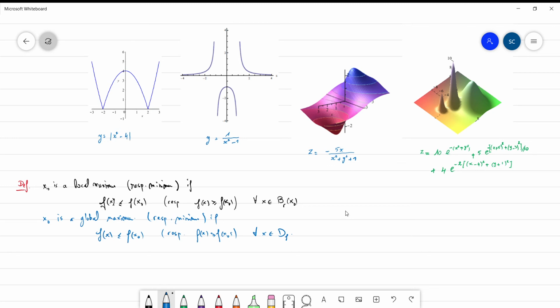There is a theorem. We did it for functions of one variable: if you remember, Fermat's theorem says that if we have a local extreme point, then it will be a critical point. This result is extended to functions of several variables. So here is the main theorem.